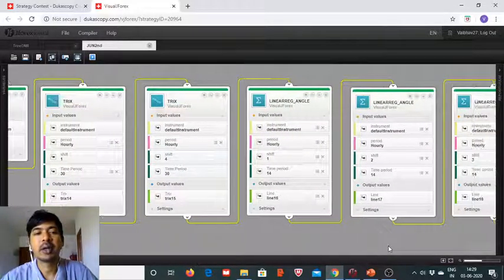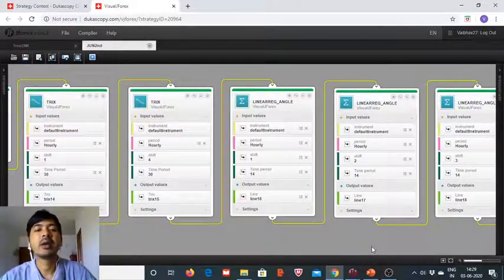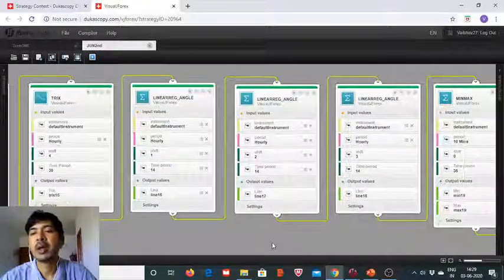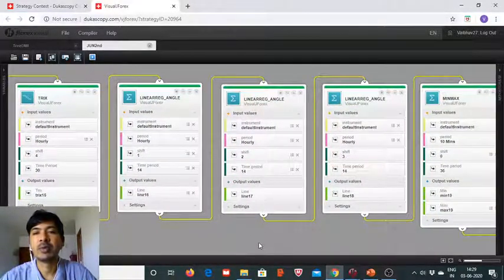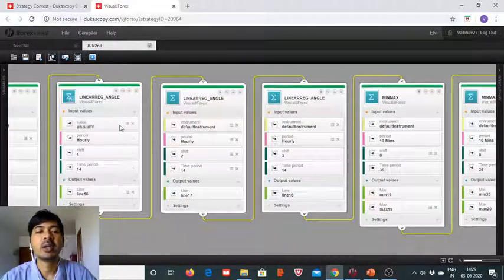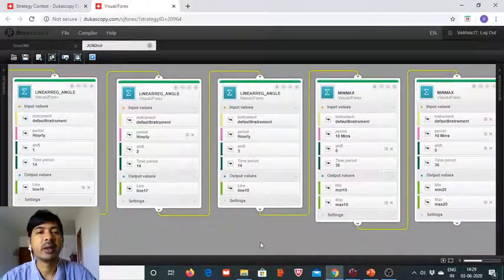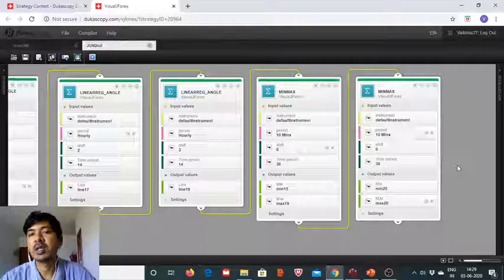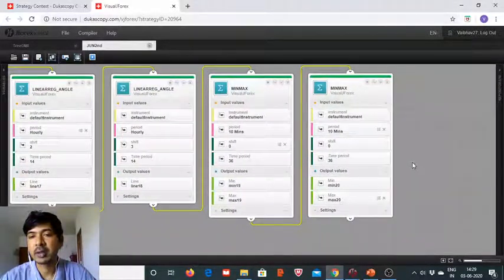We are utilizing it as a momentum indicator here, and if the momentum is bullish, we will be looking for a buy trade, and if the momentum is bearish, we will be looking for a sell trade. Then the linear regression angles here, 1, 2, 3, the look back periods, and as I said, the setup is fairly simple. Then we got the min-max conditions for our entry and exit purpose.